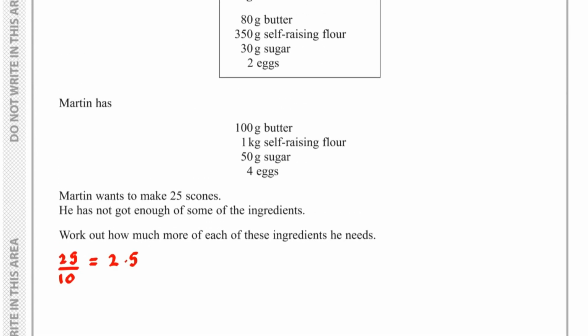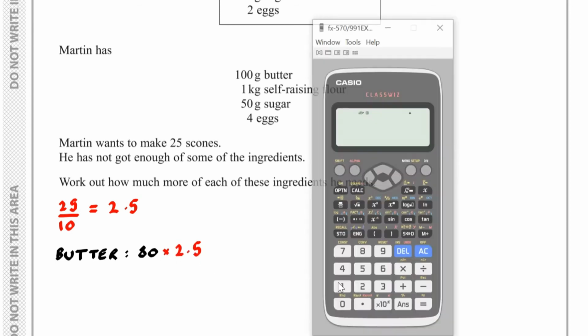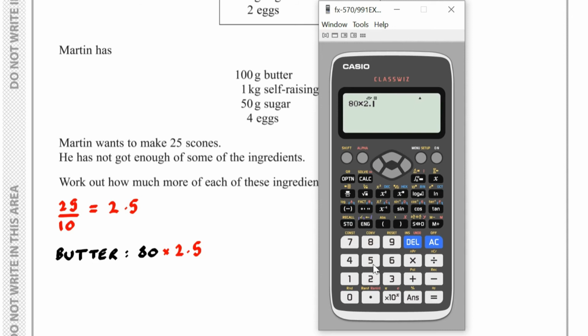So if we take a look at butter, we've got 80 so far. And if I multiply this by 2.5, we get 200. So we need 200 grams of butter.